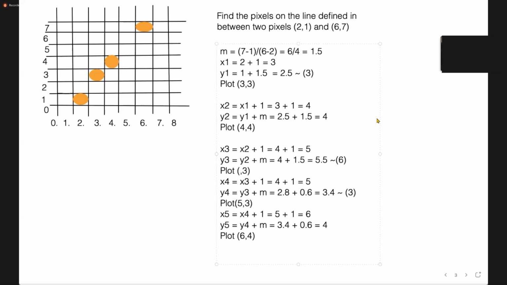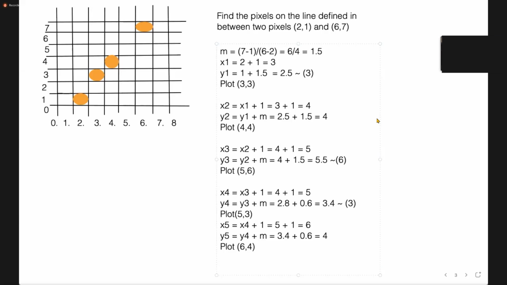Therefore, 5, 6 is the one we are going to plot. 5, 6 means somewhere here. 5, 6 is here.